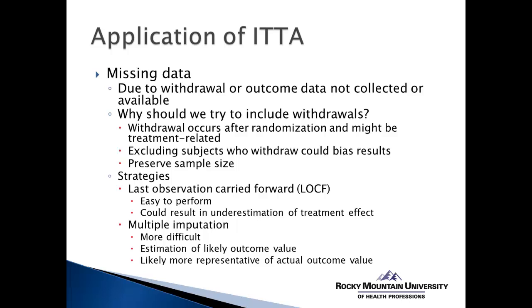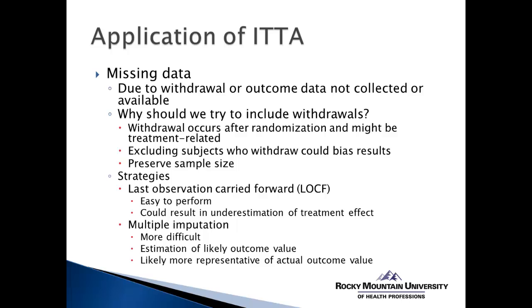Withdrawals that occur after randomization might be due to the treatment. So for our ability to understand the true treatment effect, some people do really badly on it and drop out, some people do okay on it. We want to be able to see both sides of that experience. And if we exclude people that dropped out because they had a bad experience, we'll miss that. We won't be able to see that negative or detrimental treatment effect.